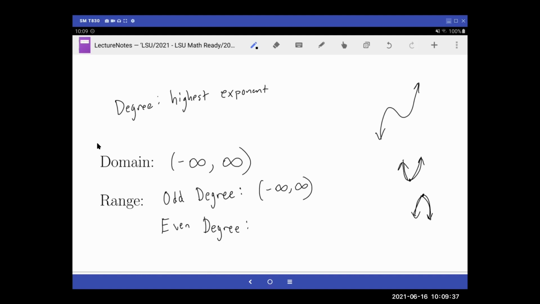So the even degree, you either are going to have some number to infinity, right? If it looks like this, or you're going to have negative infinity up till some number if it looks like this, okay? So it kind of depends on the shape of the graph, and we'll talk about that towards the end here today. All right, so domain's easy though, right? Negative infinity to positive infinity.